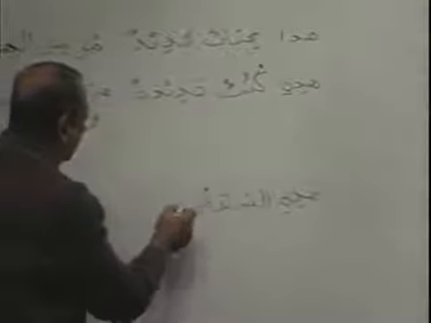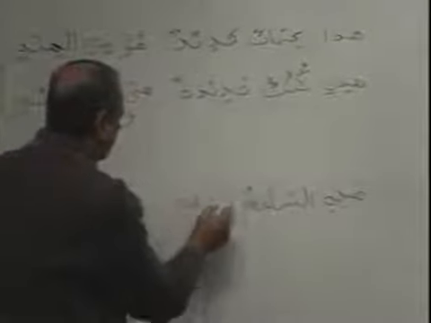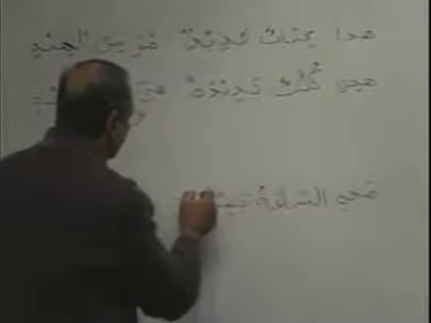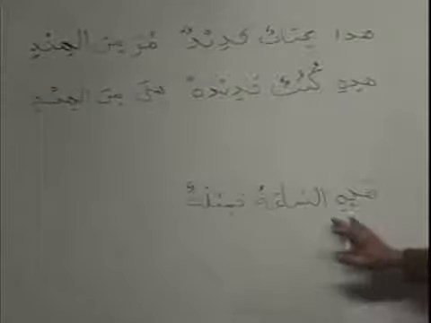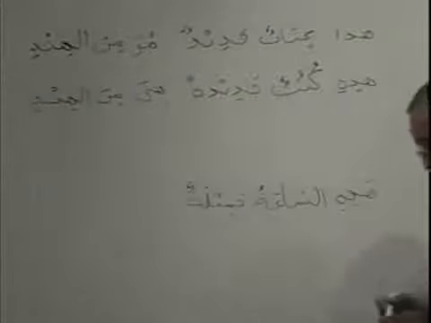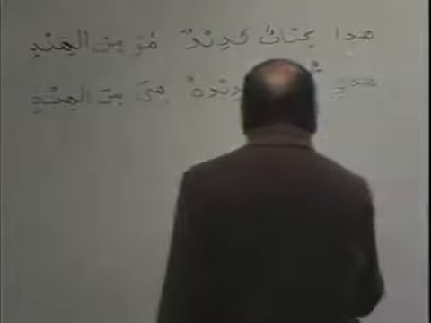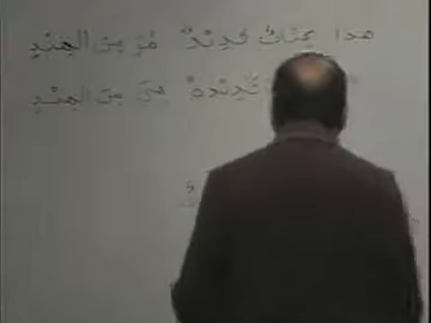Okay? Here if I write down, brothers and sisters, Hazihi sa'atun jamilatun. See now, jamilatun, brother? Let me write down in an indefinite way.